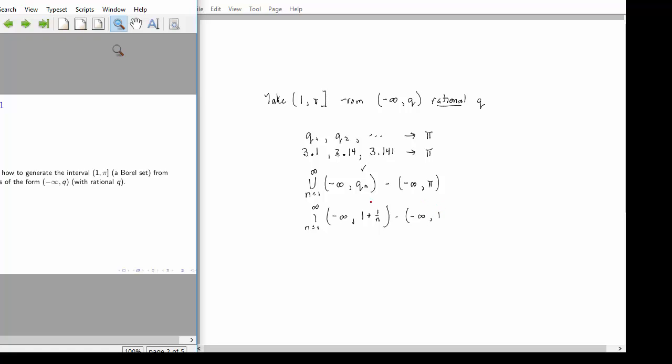But if I consider any number x that is greater than 1, then it is eventually going to fall outside the interval that goes from minus infinity to 1 plus 1 over n when n gets very large. So nothing bigger than 1 is in the intersection, and I've succeeded in making the right endpoint be closed.